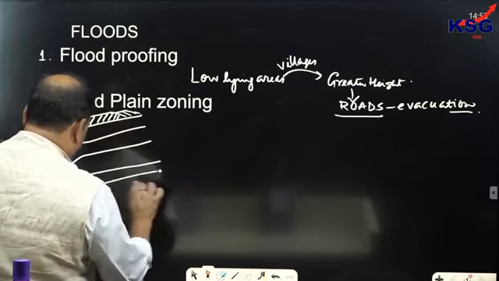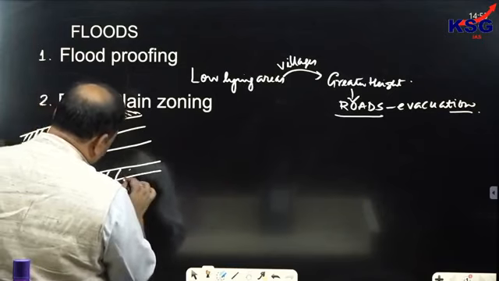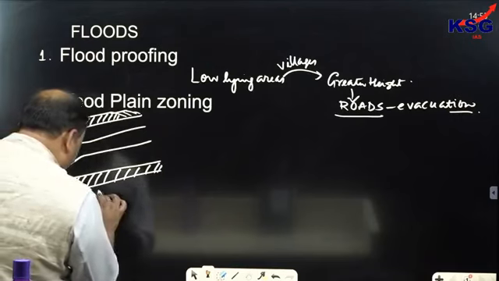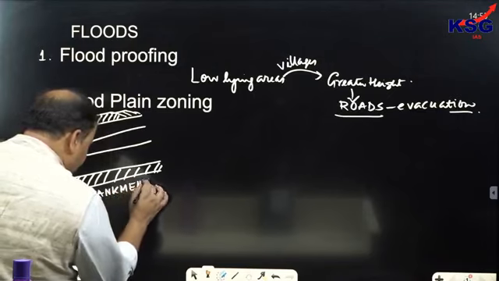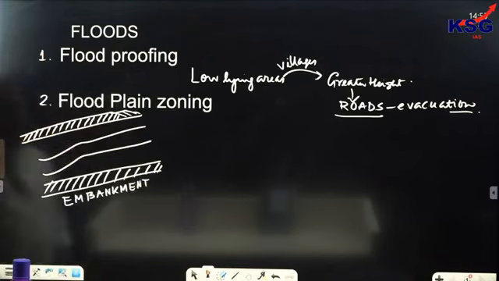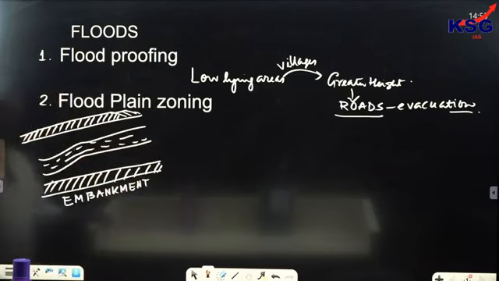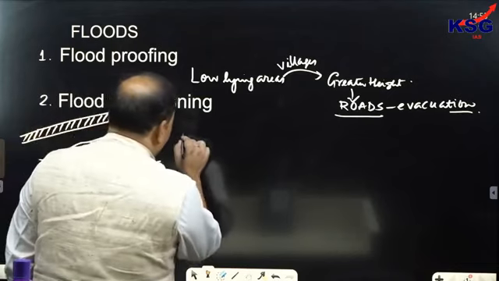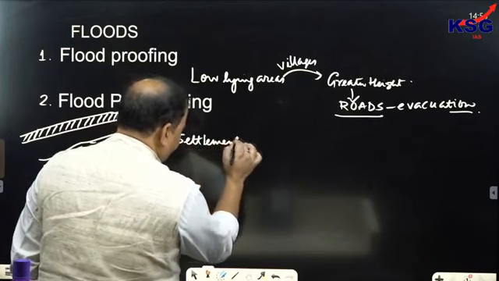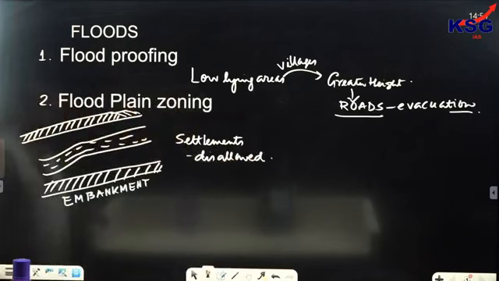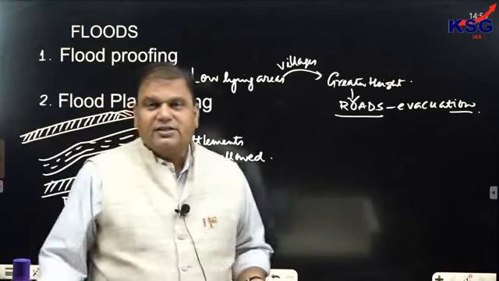The floodplain areas should be properly demarcated by establishing embankments for this purpose, and settlements should be disallowed in this area, because if you allow settlements in these areas, the vulnerability would be enhanced. Clear? Fine. So that's called floodplain zoning.